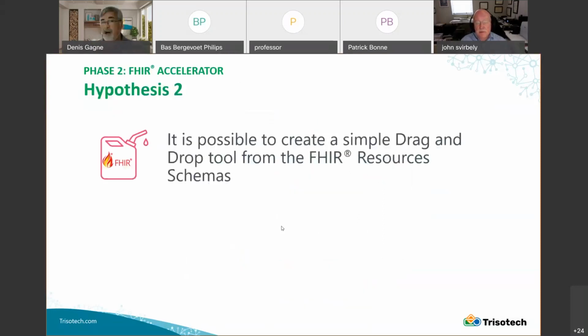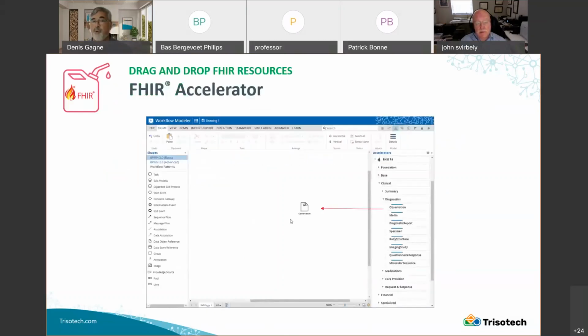The second hypothesis we went towards was, how can we help bridge the gap to FHIR? We felt that was the biggest gap for our subject matter experts, who are more clinicians and medical in training, and maybe not informaticians, and don't have the FHIR knowledge. So what we did is create a FHIR Accelerator that allows you to drag and drop any resource from the FHIR structure right onto the canvas.